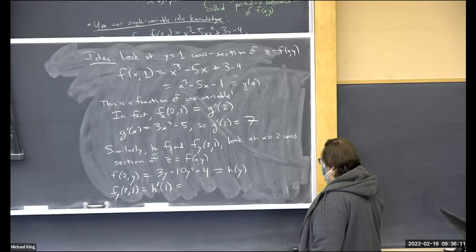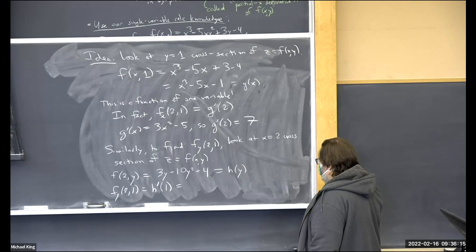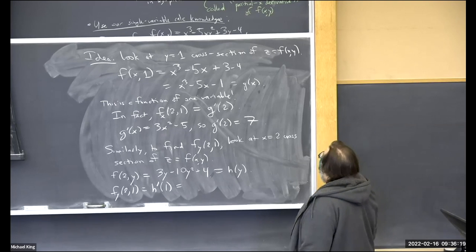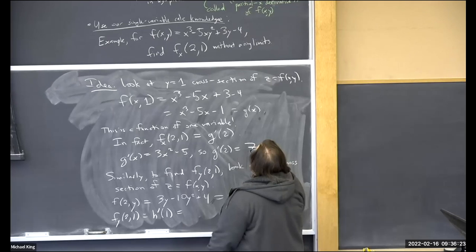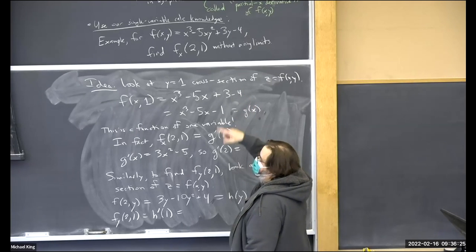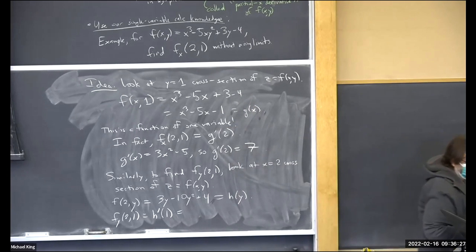Did I do something wrong? Negative 17? Why do I have, oh, is there a minus? Wait, did I miscopy that? Was it minus 3? I feel like this is steeper. Doesn't this look steeper negative than this does positive?